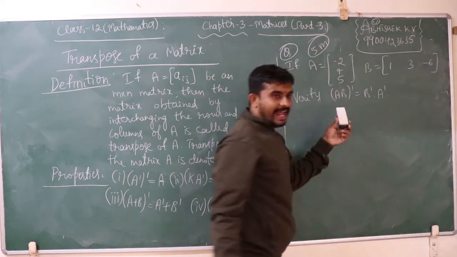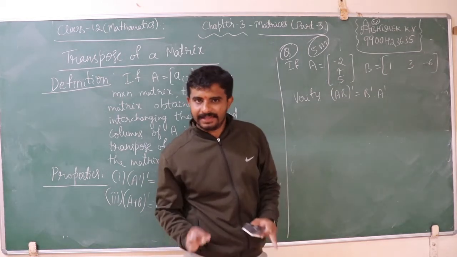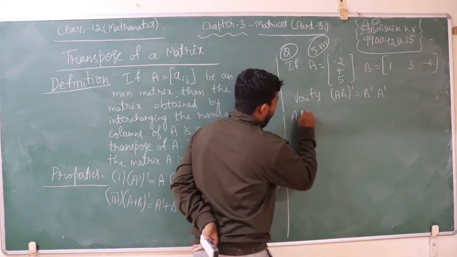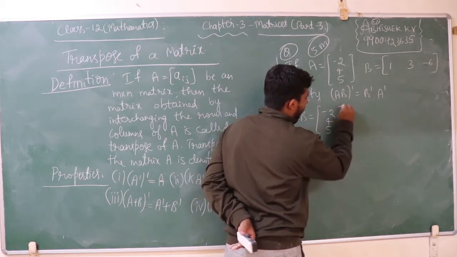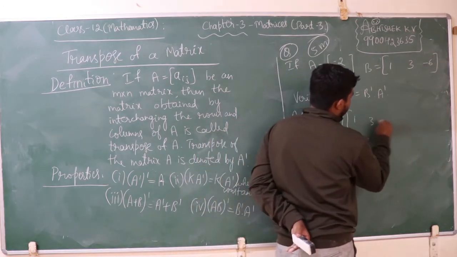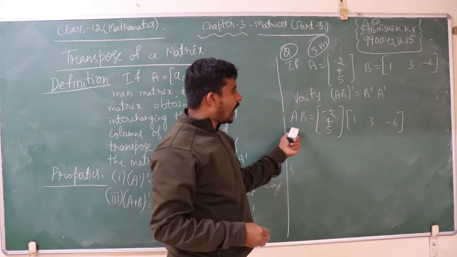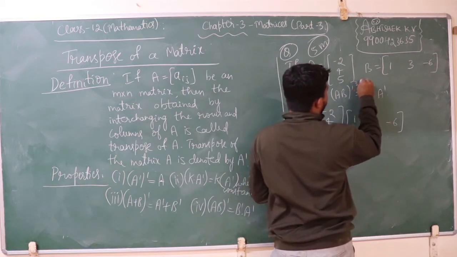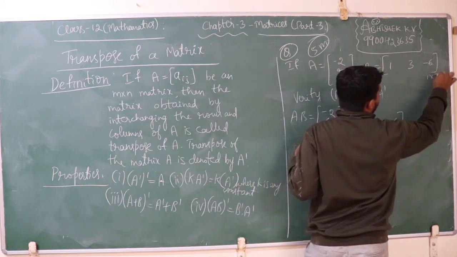To take the transpose of AB, first we should find AB, right? So, A into B. What is A? -2, 4, 5. And what is B? 1, 3, -6. What is the order of A? It is of order 3 by 1. And matrix B has order 1 by 3.